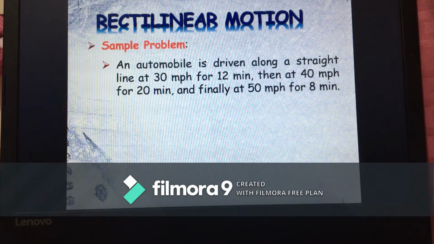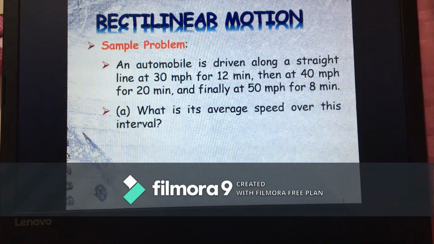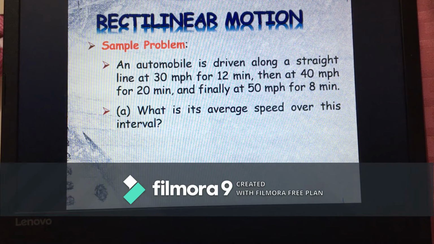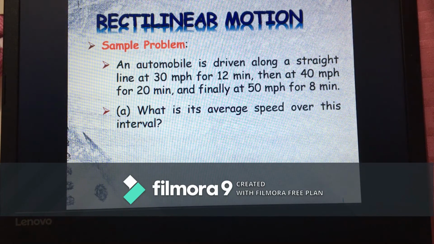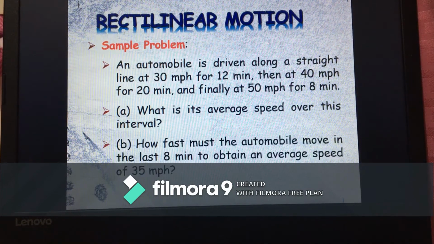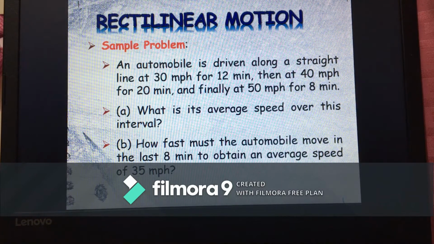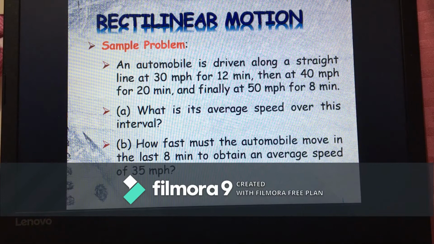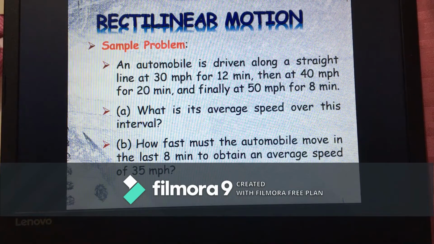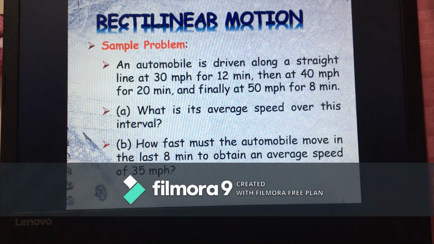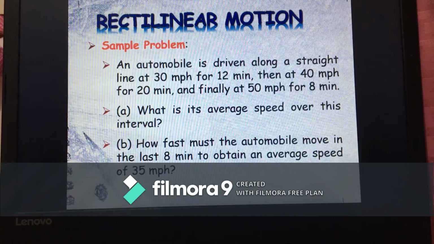Now, the questions are the following. What is the average speed over this interval? Next is, how fast must the automobile move in the last 8 minutes to obtain an average speed of 35 miles per hour?